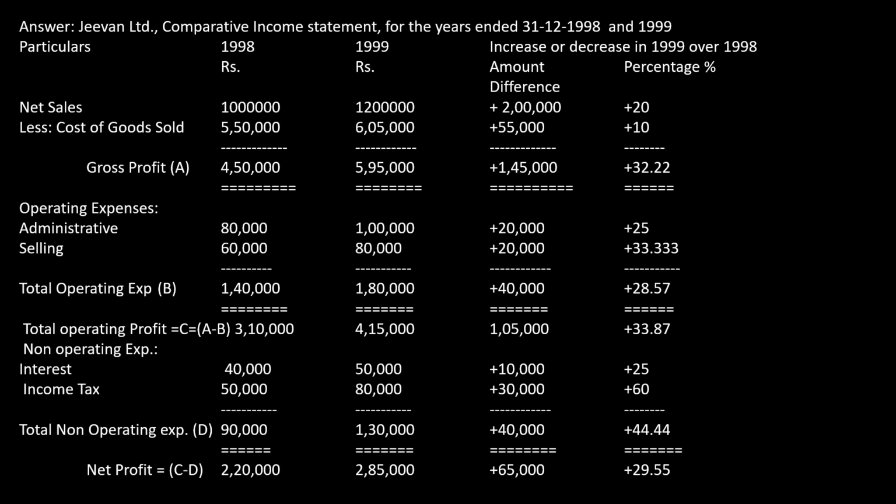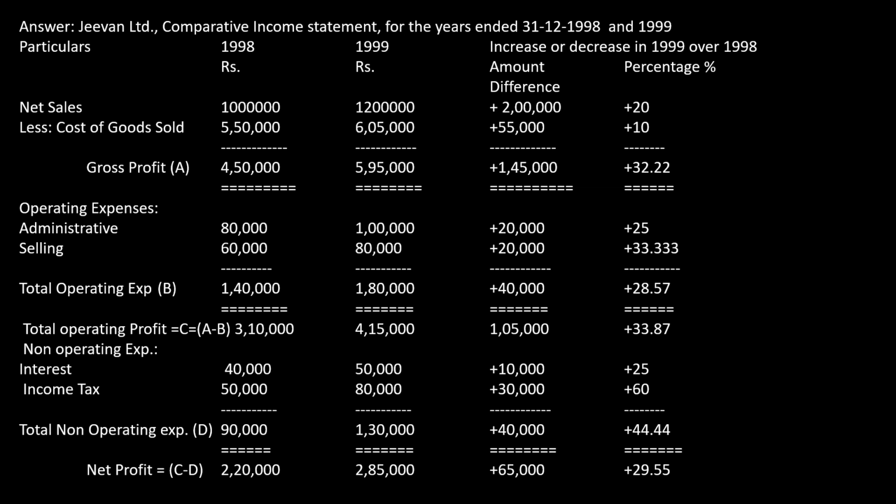Gross profit minus operating expense, that is total A minus total B. I have named the totals A and B. So A minus B will give me total operating profit. 4,50,000 minus 1,40,000 will give me 3,10,000. The same way for 1999, 5,95,000 minus 1,80,000 will give me 4,15,000.